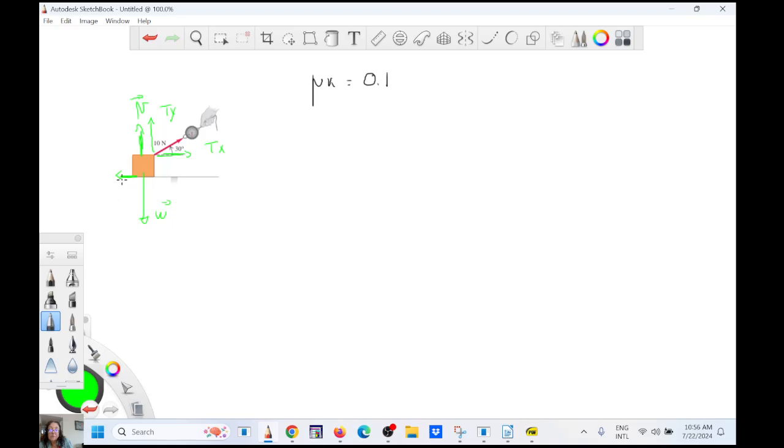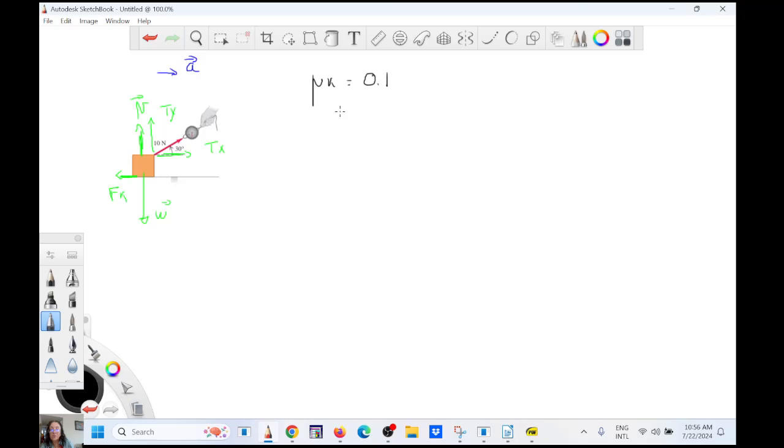So we want to make sure that frictional force is smaller than that Tx. Otherwise, if it equals, it's moving at a constant speed. If we get a number less, that means it's not moving. Then we have to use the static friction.